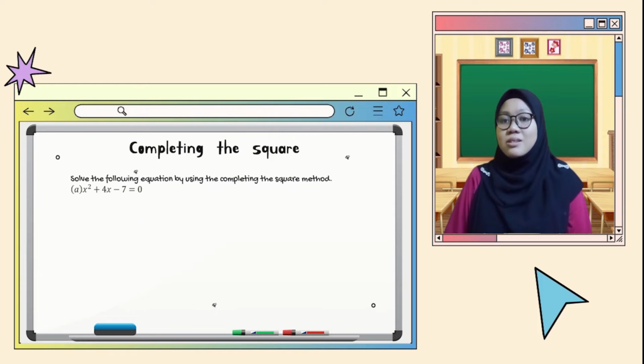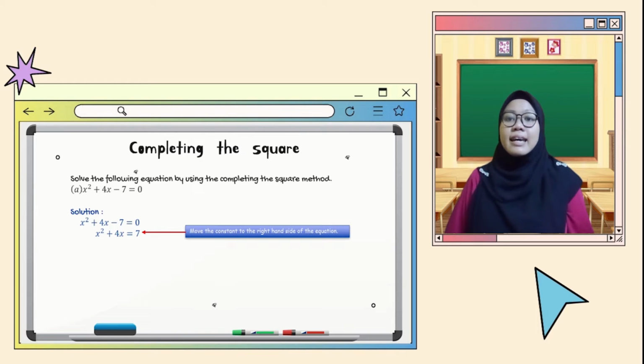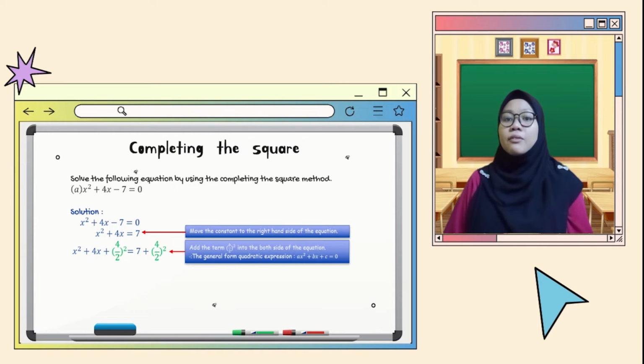For question A, the solution is, first, you have to move the constant 7 to the right side of the equation. Next, add the term (b over 2) squared to both sides of the equation. In this case, b will be 4, and we know that from comparing it with the general form of the quadratic equation. Next, simplify the equation.